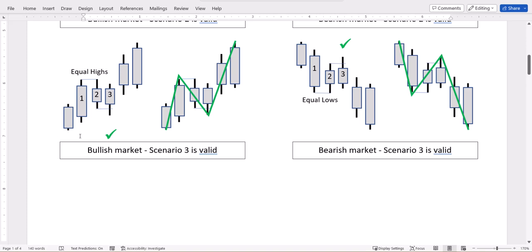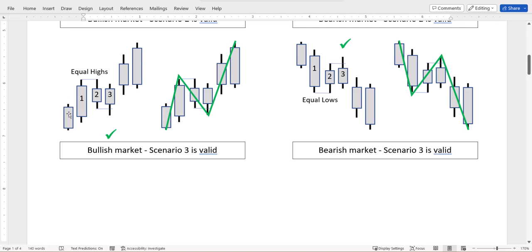So scenario 3 uses a concept called equal highs and equal lows. This actually happens fairly often, and it is just as good, and it's a powerful signal, whether you get wicks closing and opening at the same level, or you get bodies opening and closing at the same level. Equal highs, equal lows are an important piece of this analysis.